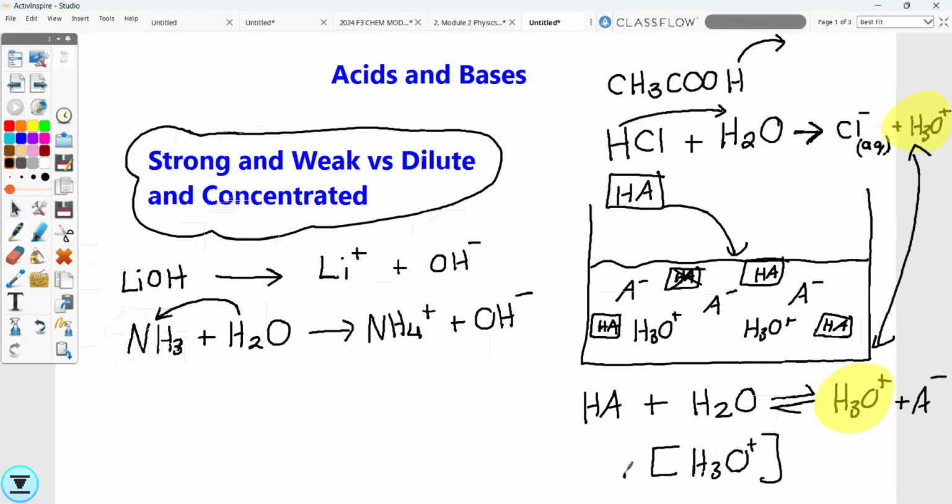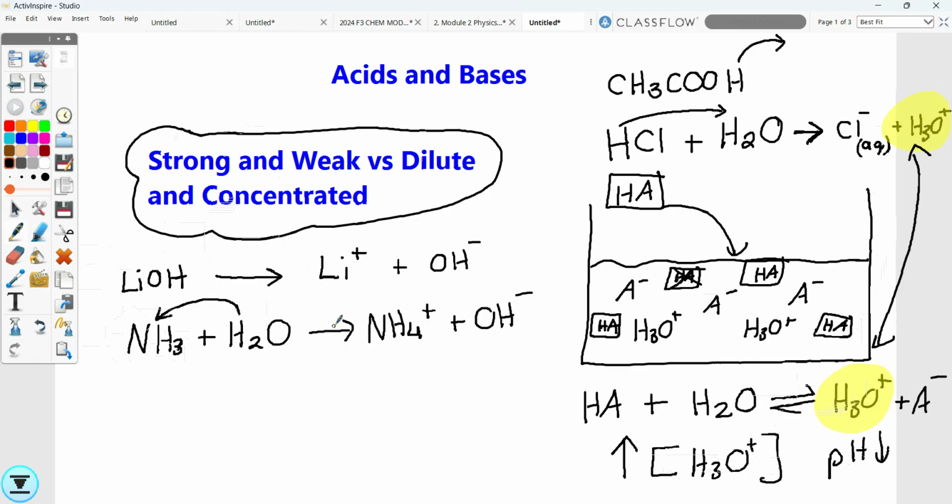If the H3O plus concentration is high, what will my pH be? Very low. Okay, well, not necessarily a strong acid, but it has a high concentration of H3O plus. But wouldn't a strong acid have more H3O pluses anyway? Yes, if it's the same concentration as a weak one. So those questions we'll go through, because comparing things is important.